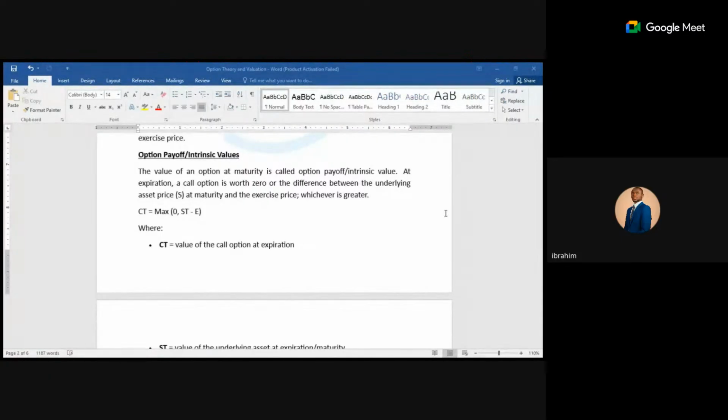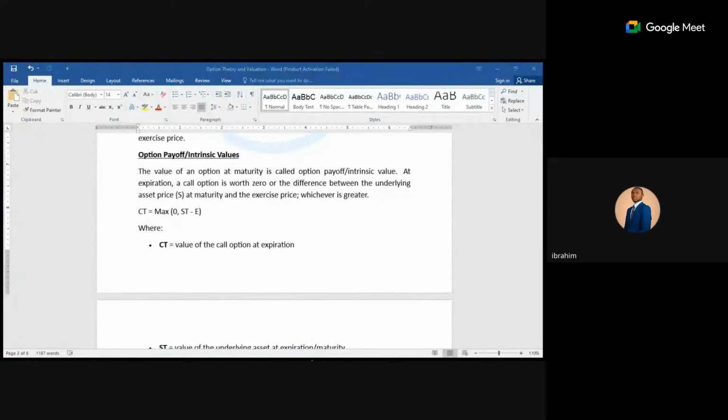Class, there's what we call payoff table or intrinsic value. The question is, what is a payoff table? The value of an option at maturity is called option payoff or intrinsic value.